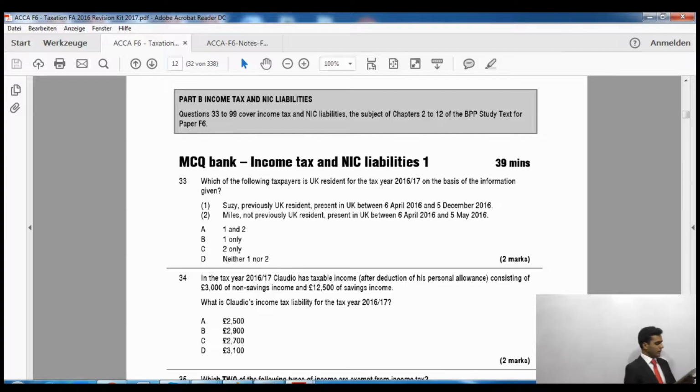He was not previously resident, so he is automatically non-UK resident, which proves that only Susie is resident in the UK. So only one. So it will be answer option number B.